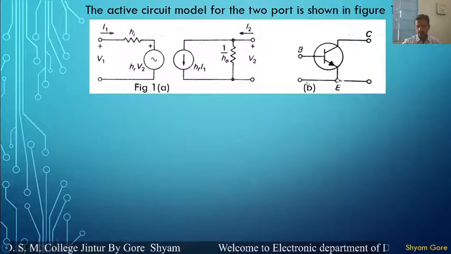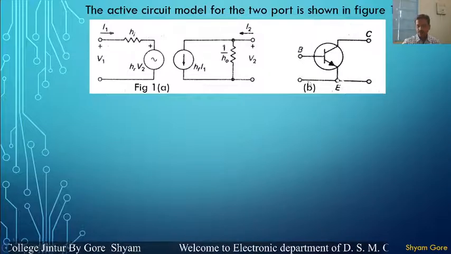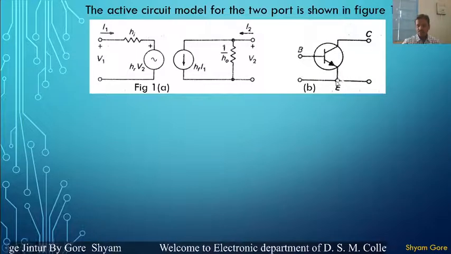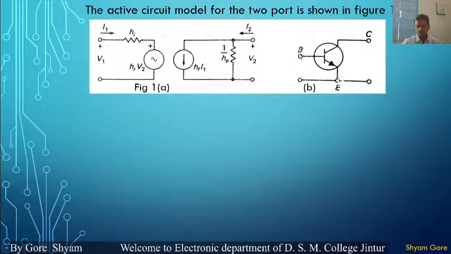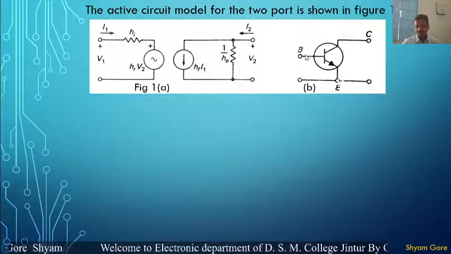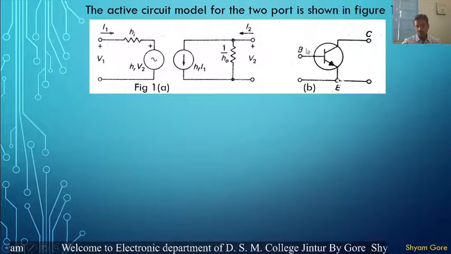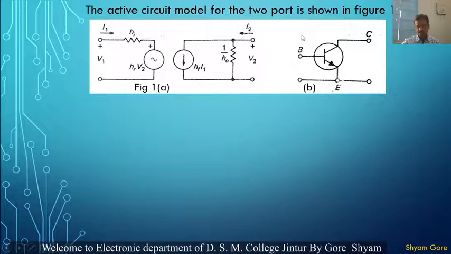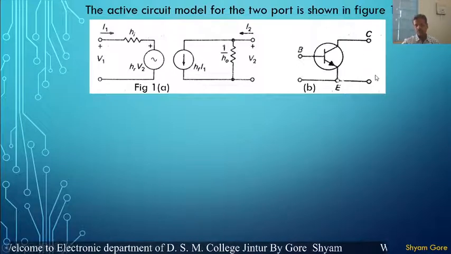Therefore, here one of the terminal is made common. So, here the emitter is made common for input side and output side. Therefore, this transistor also having the 4 terminals, that is, these are the 2 terminals, this is the input terminal and this is the output terminal.